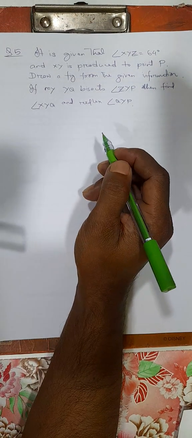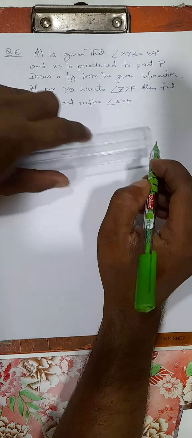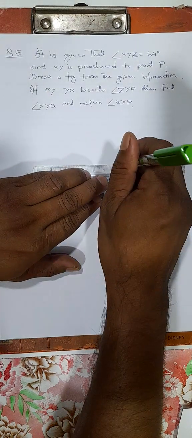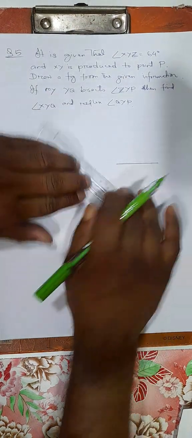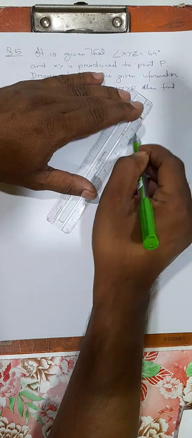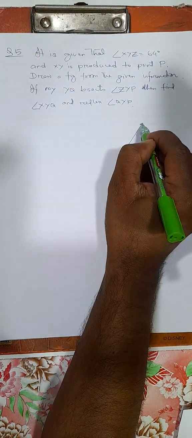Now let us come to question number 5. It is given that angle XYZ is 64 degrees. Let us make angle XYZ. Say this is 64 degrees.